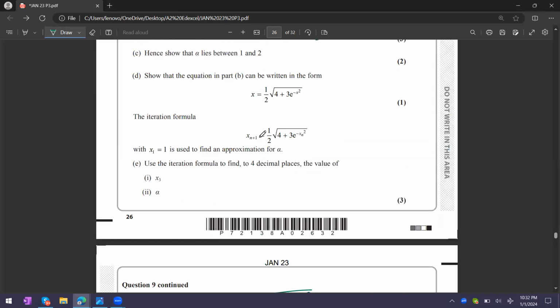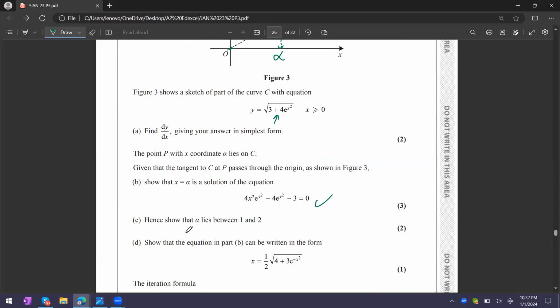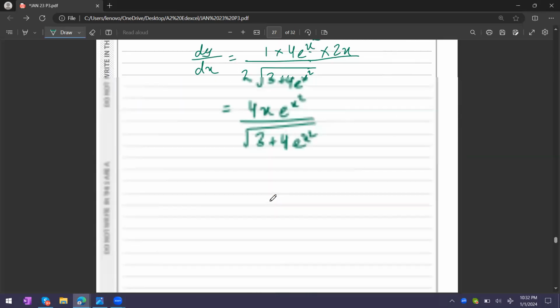Okay, so if no questions, moving to part C: show that alpha lies between 1 and 2. If you recall from the iteration method, numerical methods chapter, you need to look for the change in sign. So these are very easy 2 marks. Just put 1 here and then put 2 here and look at the change of sign.